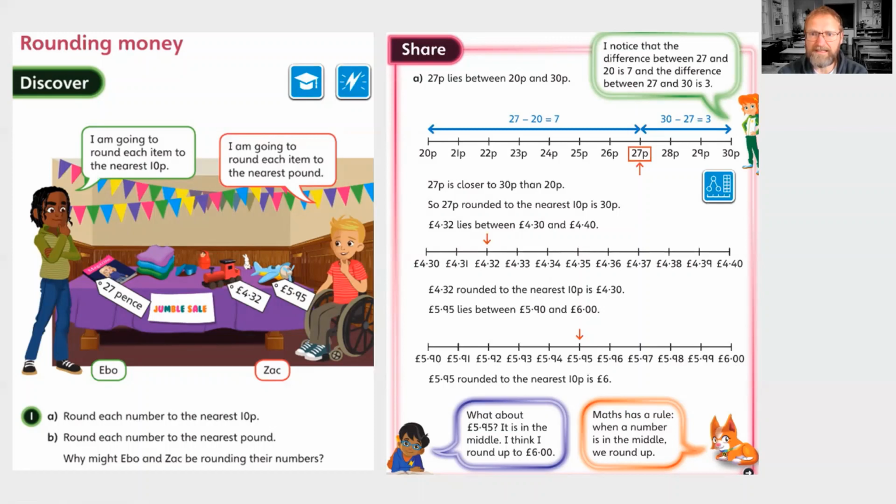It is right in the middle of our number line. So it is 5 pence away from rounding down to £5.90, and 5 pence away from rounding up to £6. The rule is, if it ends in a 5, if it's in this middle bit, we always round up to the next 10. So it is £6.